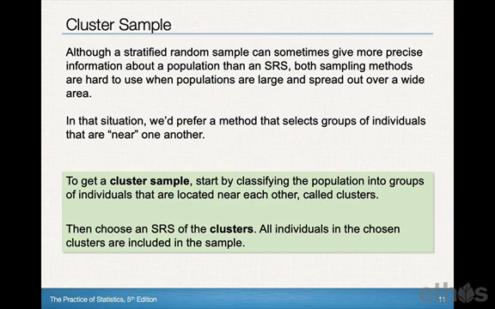So another way to break up a population, and remember we're trying our best to get a sample that represents the population as a whole, is the cluster sample method, where we take advantage of location or proximity of groups within the population, and we divide groups by geography.